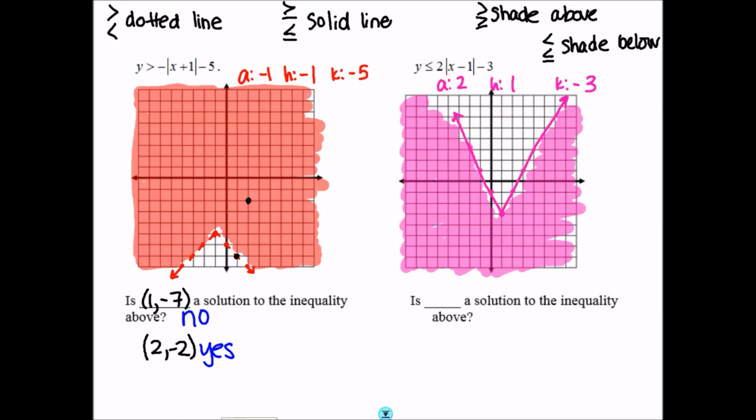Now, I'm going to pick a couple points, and you're going to tell me if they are solutions to this inequality or not. The first point I'm going to pick is the point -1, 1. And then I'm going to pick the point 1, 2.